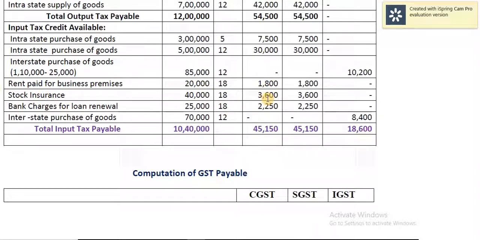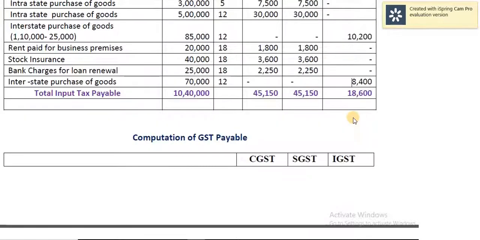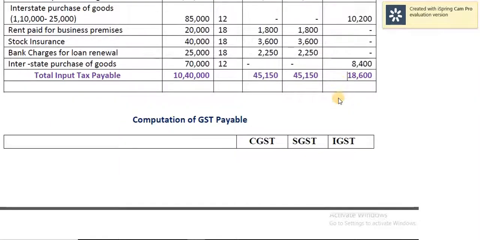Stock insurance within the state. Bank charges for loan renewal, again within the state, 9% each. Interstate purchase of goods on 70,000 at the rate of 12% IGST. So 45,150 and 45,150. Then IGST 18,600.